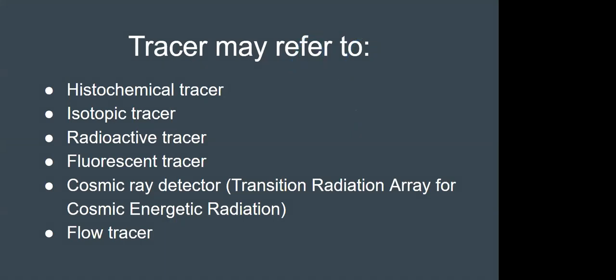And then radioactive tracer is a substance containing a radioisotope that is used for tracking purposes. Fluorescent tracer is a substance such as 2-NBDG containing a fluorophore that is used for tracking purposes.